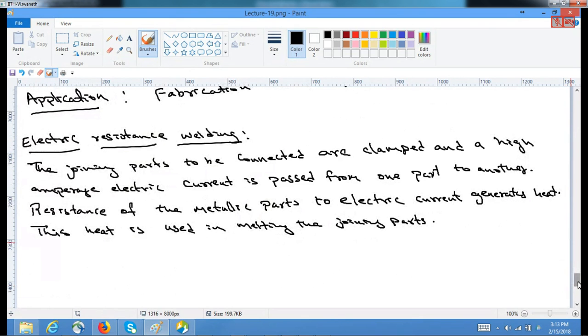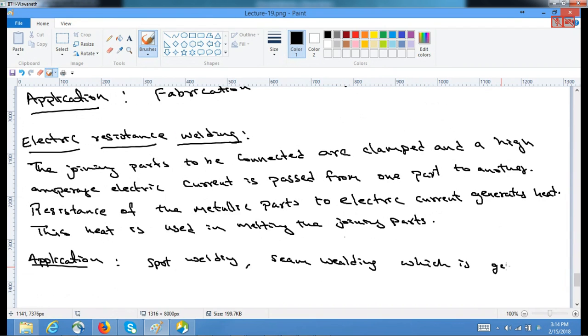Applications are spot welding, seam welding, and others, which is generally used in automobile industries.